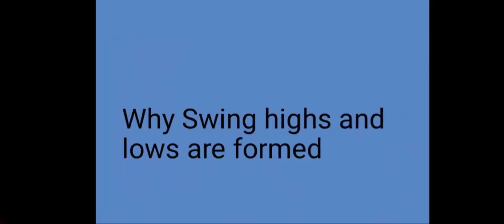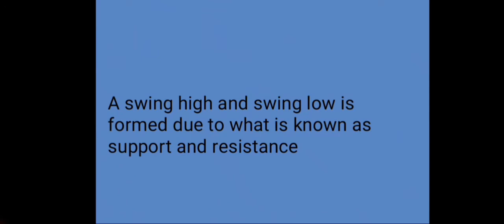Now, you might be wondering why swing highs and swing lows are formed. It's quite simple. A swing high and swing low is formed due to what is known as support and resistance.